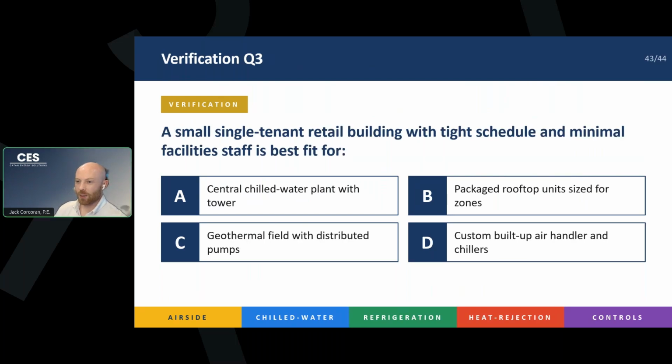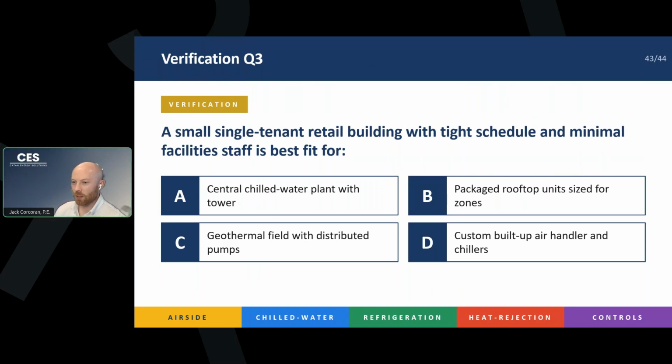And our last question, this is an example again: a small single tenant retail building with a tight schedule and minimal facility staff is a best fit for A, a chilled water plant, B, packaged rooftop units, C, a geothermal field, or D, a custom built up air handler and chillers. So I'll give you guys a second to think about it.